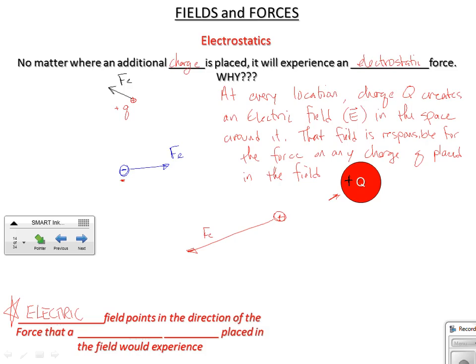Electric fields, by definition, point in the direction of a force that a positive charge placed in that field would experience. You absolutely have to memorize that. It's not too much to do, but it's super duper important.